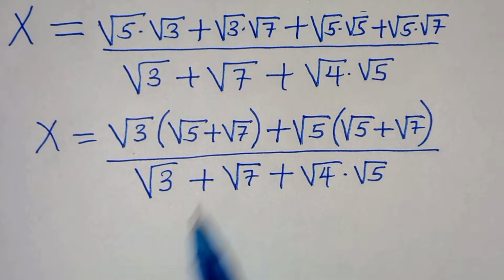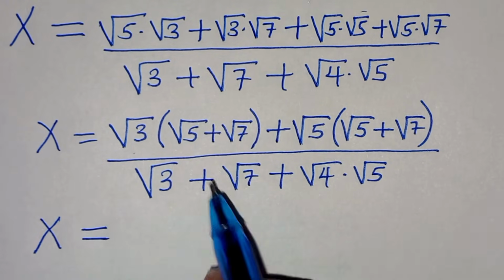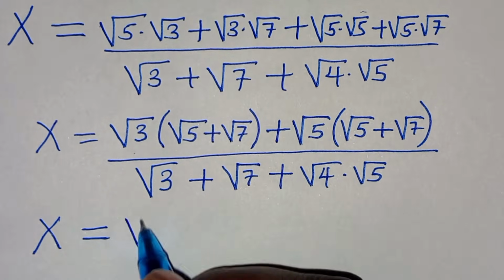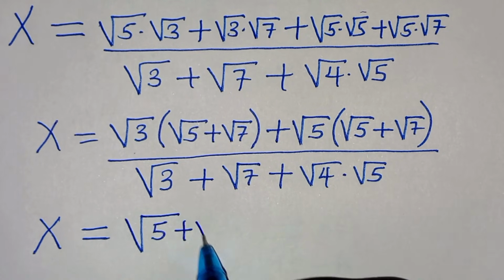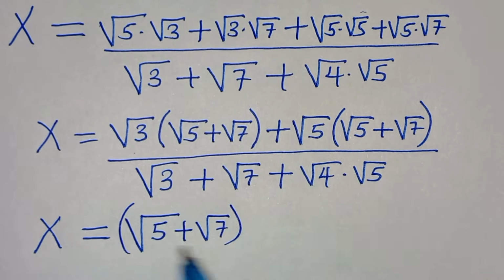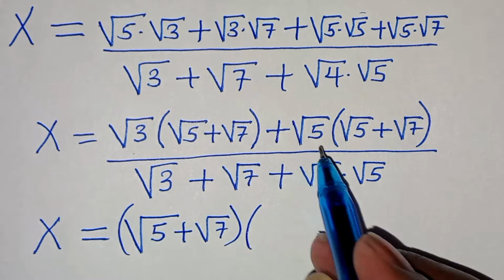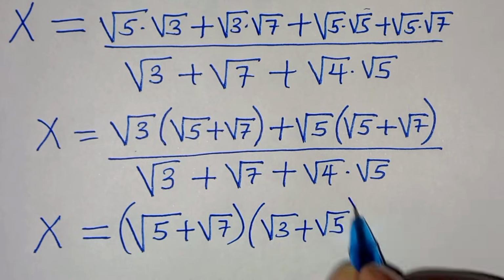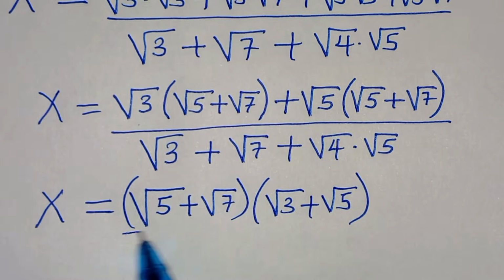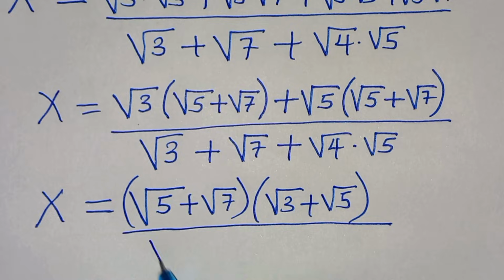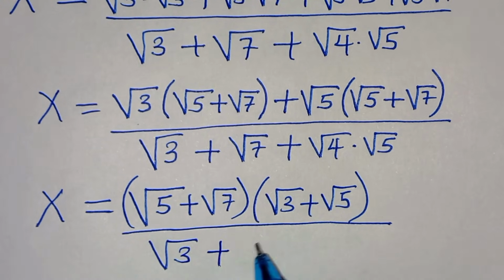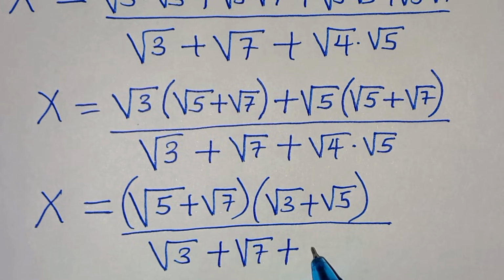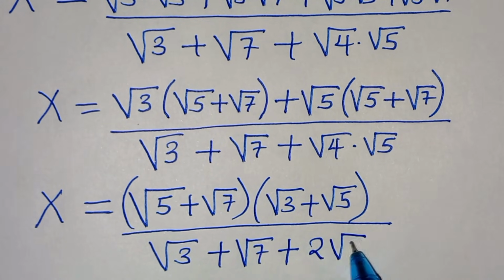Now, this means that we have x is equal to square root of 5 plus square root of 7. This is common here, so we can factor out square root of 5 plus square root of 7 here, multiplied by square root of 3 plus square root of 5, close the parentheses, then divided by square root of 3 plus square root of 7, then plus square root of 4, which you can express as 2 square root of 5.